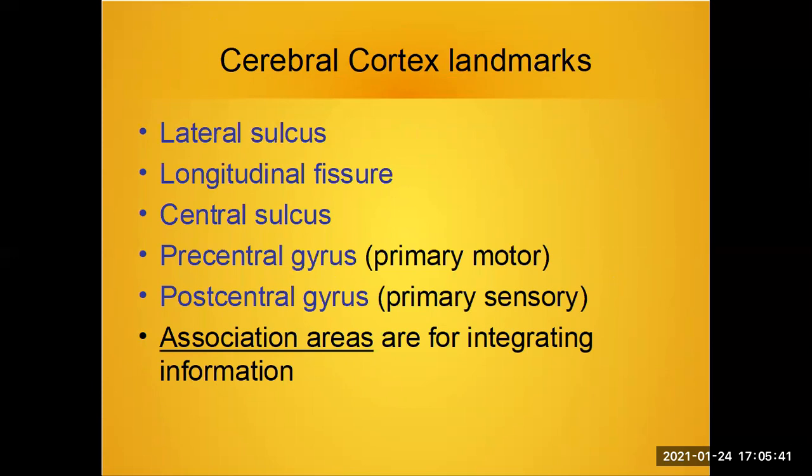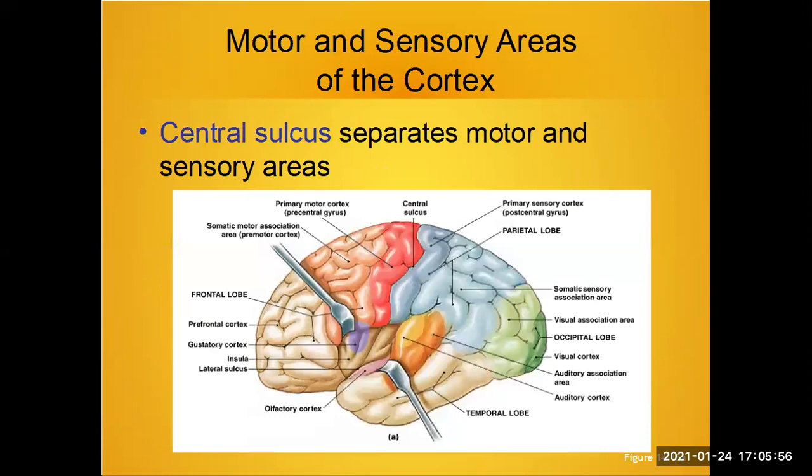Important structures of the cerebral cortex are lateral sulcus, longitudinal fissure, central sulcus, precentral gyrus, postcentral gyrus. Central sulcus separates motor and sensory areas.